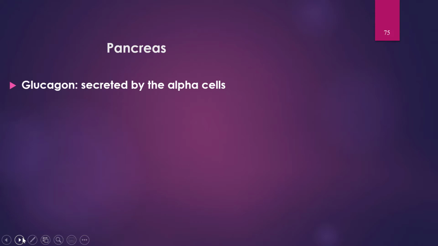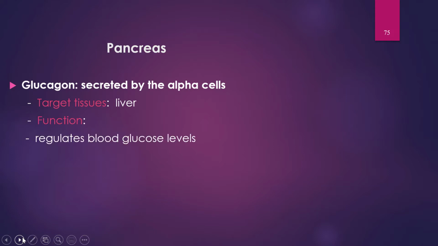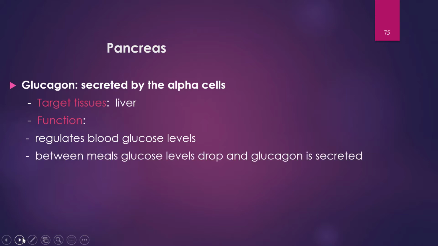Pancreatic glucagon. Glucagon is another hormone released by the pancreas that is produced by the alpha cells of the islets of Langerhans, and the target will again be your liver. The function will be to regulate blood glucose level again, but this time it elevates the blood glucose.